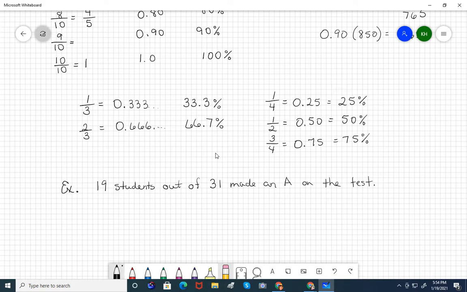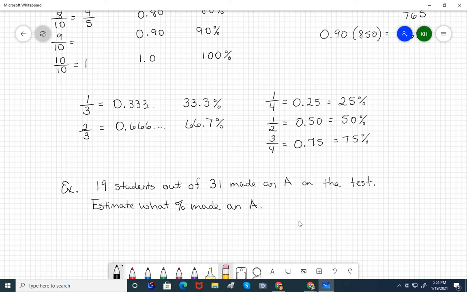We're going to do two things. Estimate what percent made an A. And then we're going to calculate it very exactly.